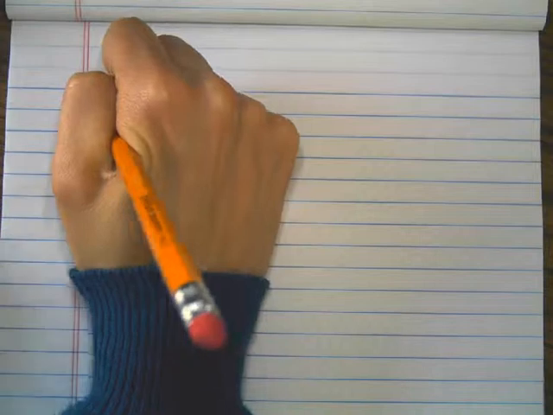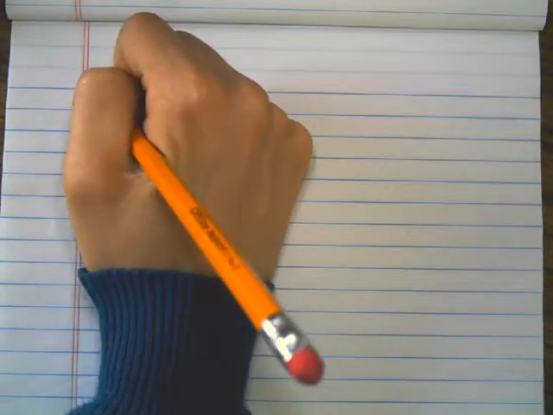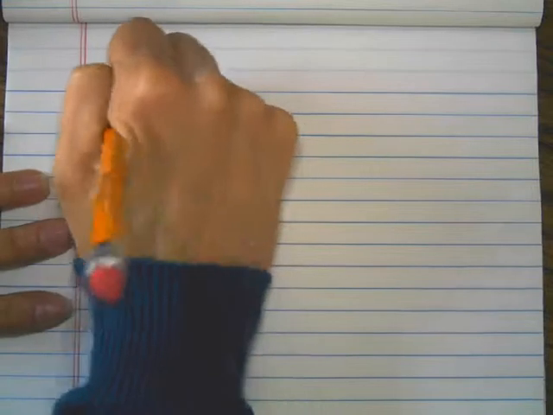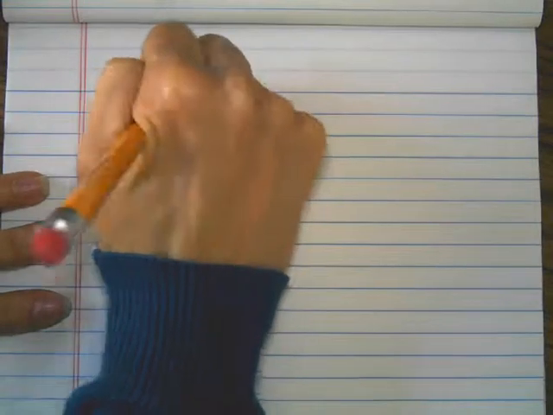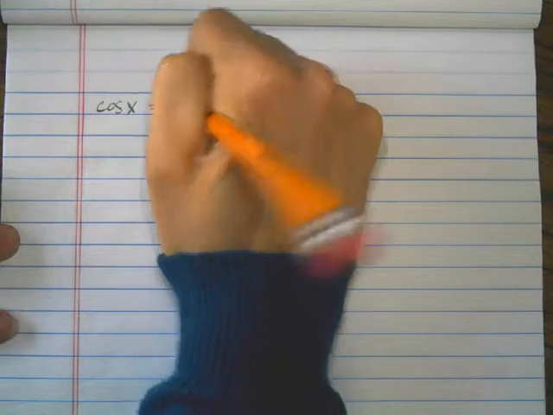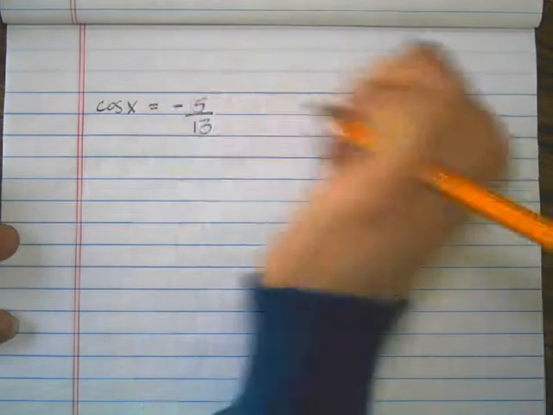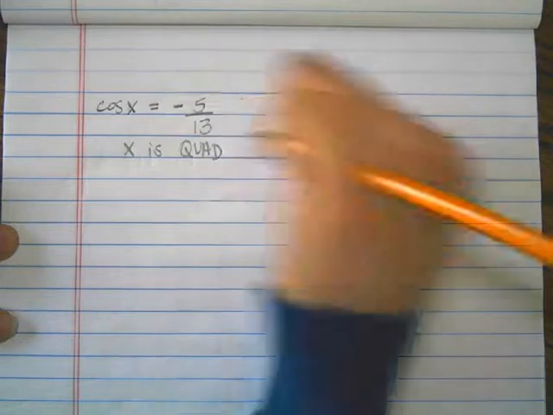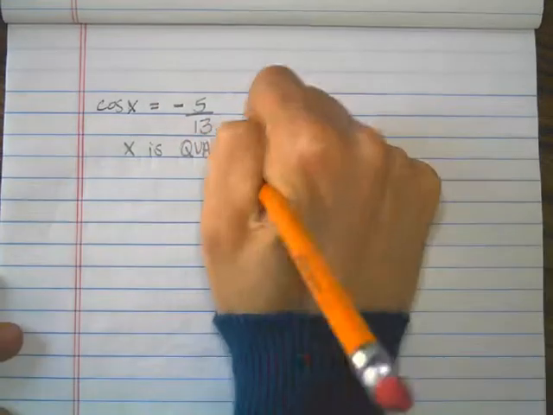Okay, so these are the power reducing ones. And let's say you have cosine of x equals -5/13, and they tell you that x is in quadrant 2.